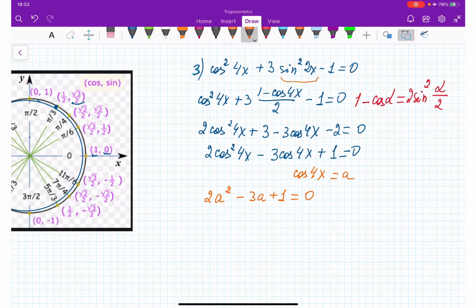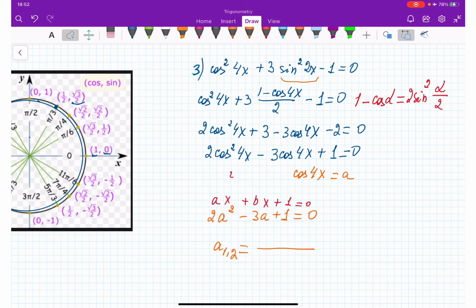Okay, so here I'm going to use the discriminant formula, where a1,2 is equal to negative b, plus or minus the square root of b squared minus 4ac, divided by 2a.